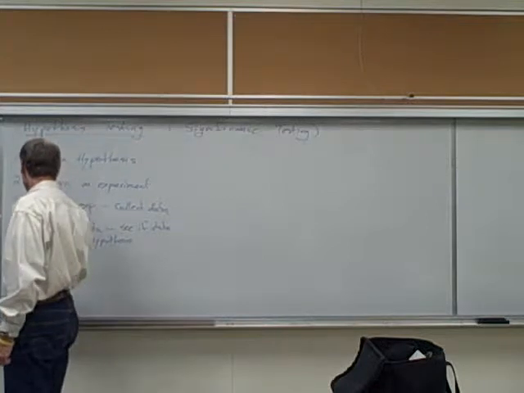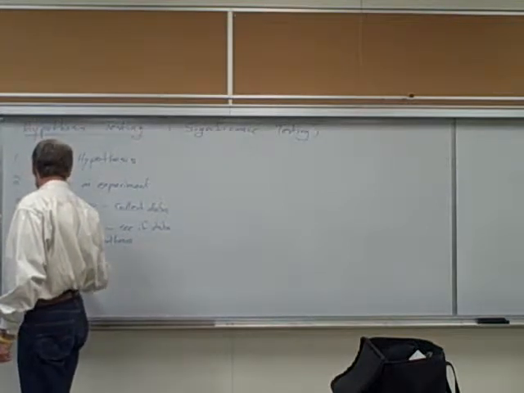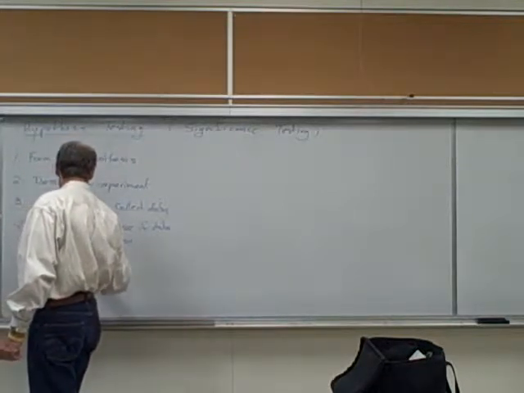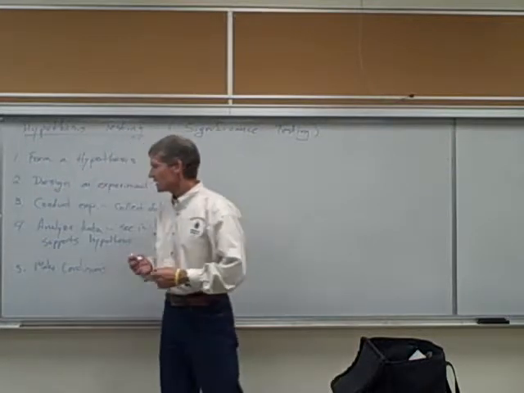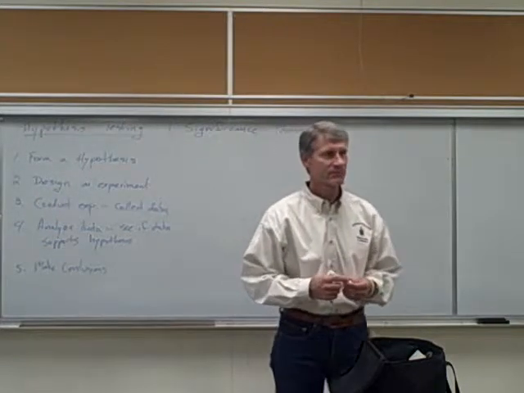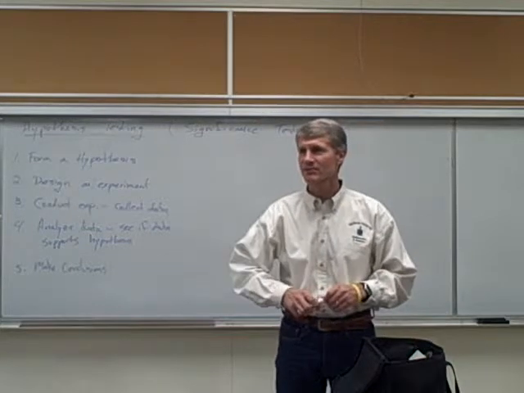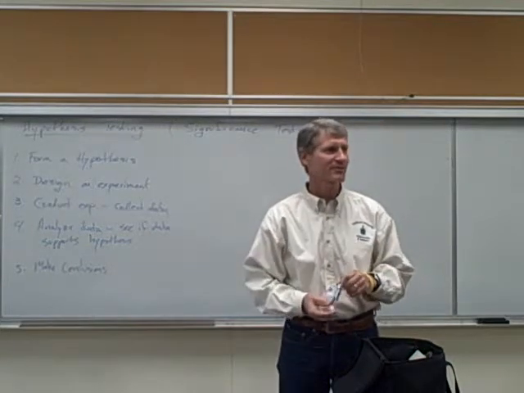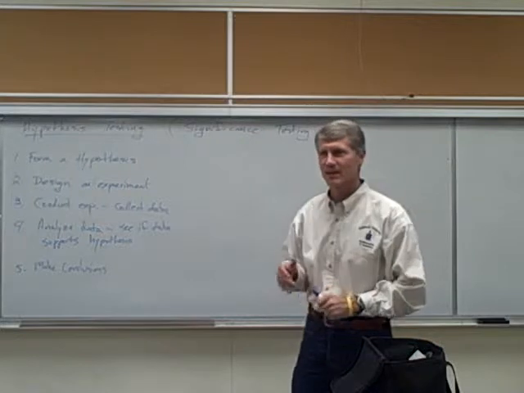Step 5 is make conclusions. It either supports it or it doesn't. If it does, then you're done. You're now famous. Right? You've proven your hypothesis. Nobel Prize in the waiting.